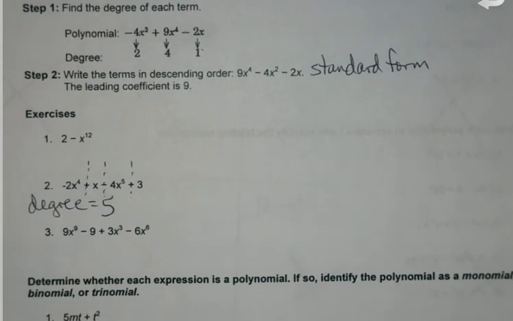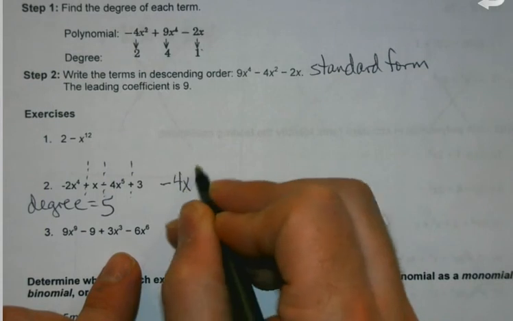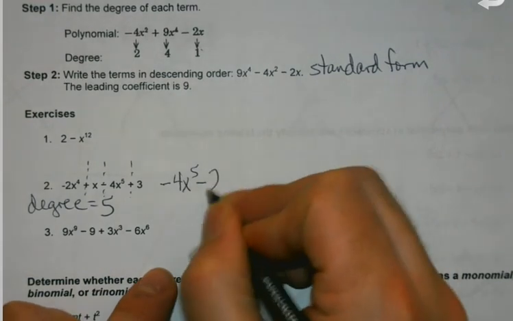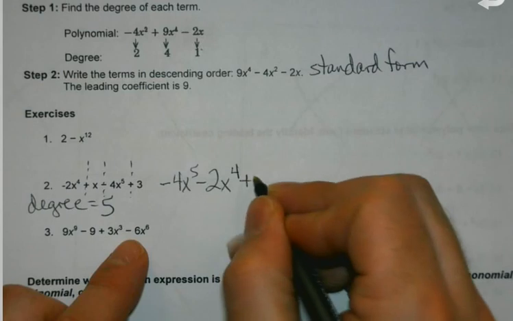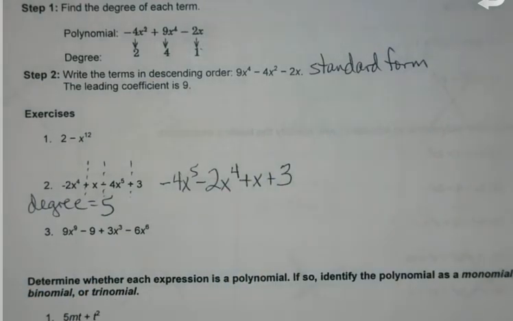So you start with the largest degree term first, which is negative 4x to the 5th. What's the next one down in order as far as degree goes? Yep, negative 2x to the 4th. Good. If you ever have a plain old number, that's always got to go last, because it is a degree of 0.